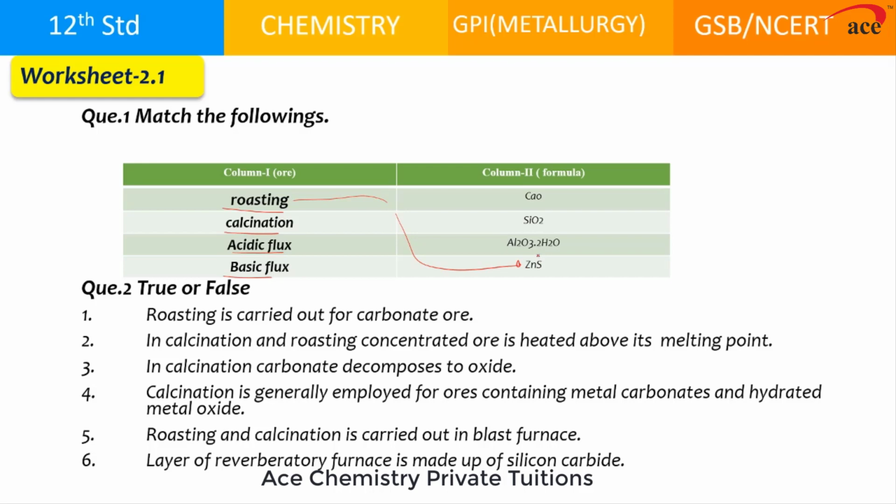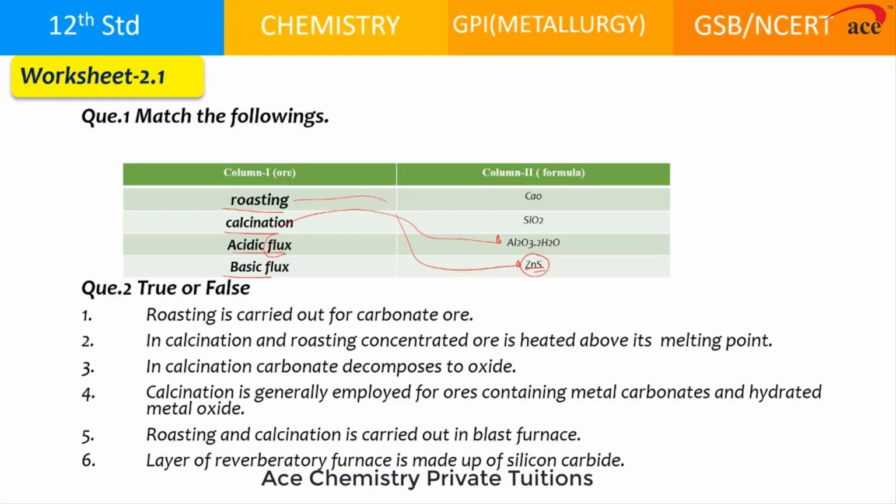Zinc sulphide. Zinc sulphide is taken in roasting, and it gets converted to what? Zinc oxide. Calcination is carried out for carbonate ore, or also for hydrated ore. Here the hydrated ore is Al2O3.2H2O, which is referred to as what? Bauxite.